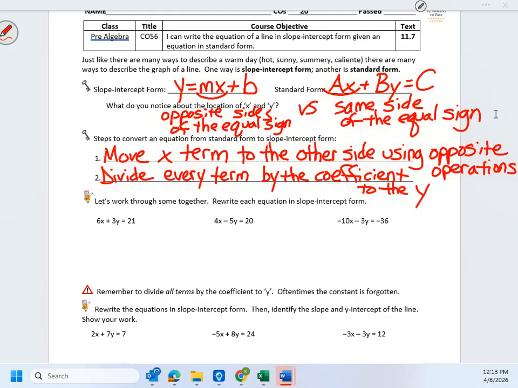So we need to know some vocab words here. We know the letter is the variable. When there's a number in front of the variable, so if we use that 6x, that letter is the variable. The number in front of it is the coefficient.